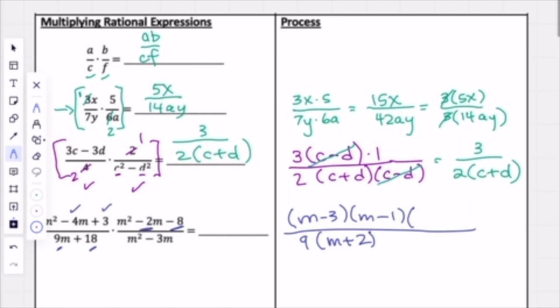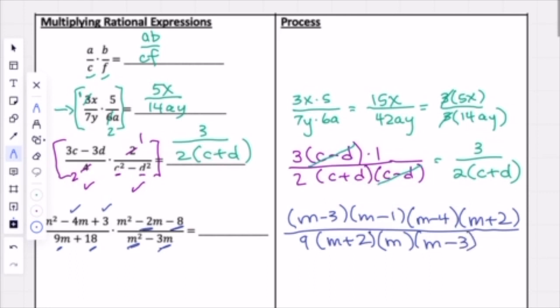That's going to be m minus 4 and m plus 2. That negative 4, positive 2, multiply to make negative 8, add to make negative 2. And then in the denominator there, we see a common factor of m. And so we can factor that out as a GCF, m times m minus 3.